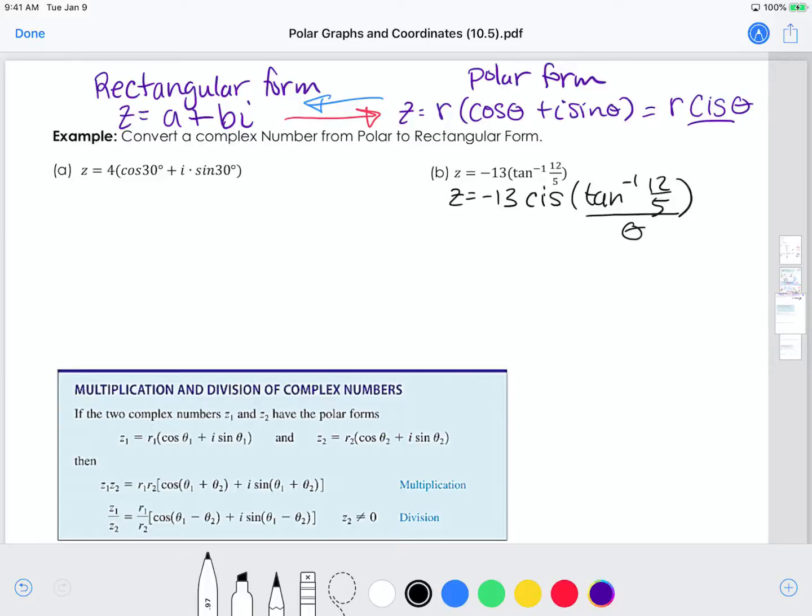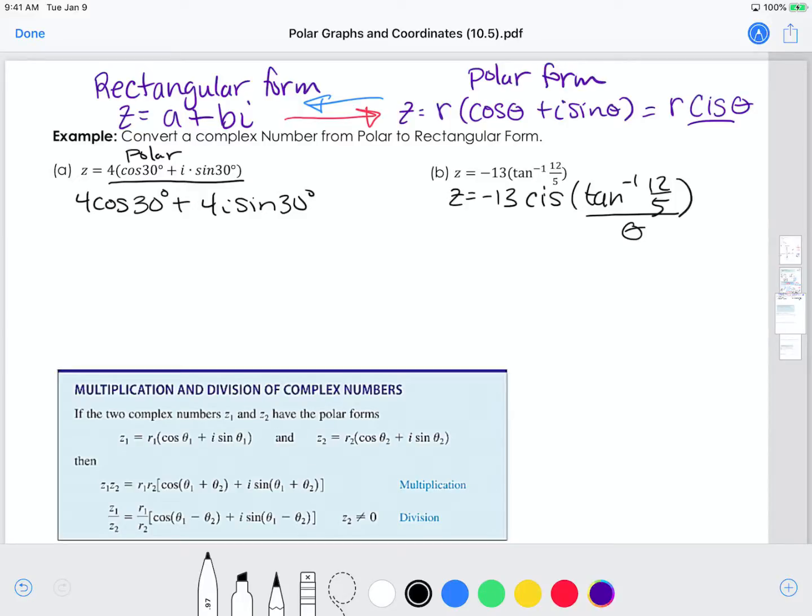Okay, so for part A, this is clearly in polar form, and we're going to write this in rectangular form. When we write something in rectangular form, it's actually a lot easier. I'm just going to distribute my value of r, so I have 4 cosine 30 degrees plus 4i sine 30 degrees.